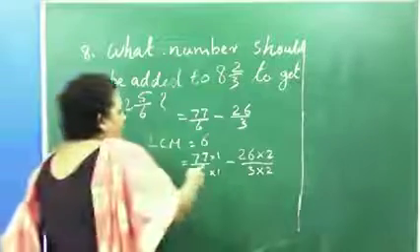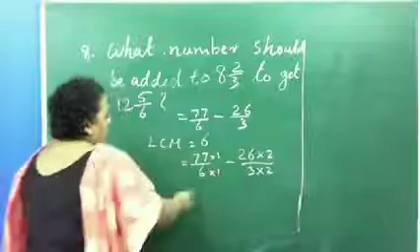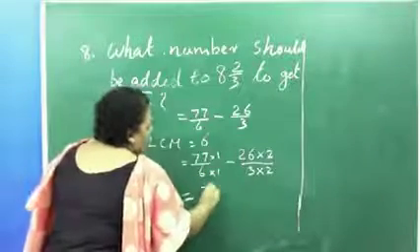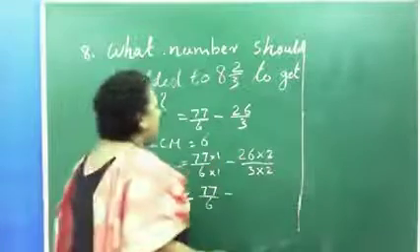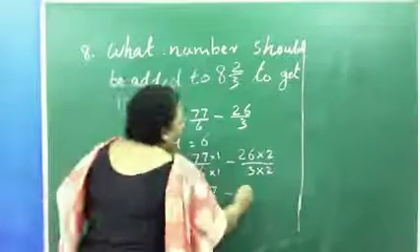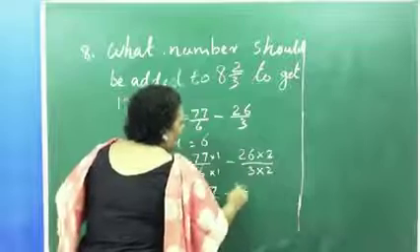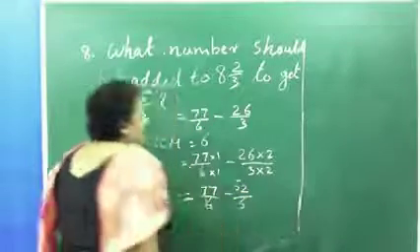So, we got it in this method. So, what will be the next step? 77 by 6 minus what is 26 multiplied by 2? 6 2s are 12, 1, 4, 52 by 6.